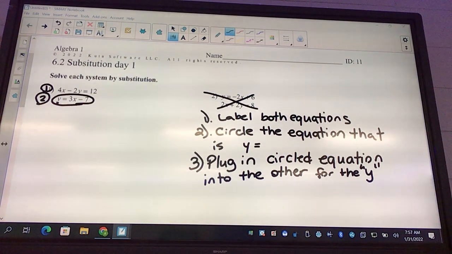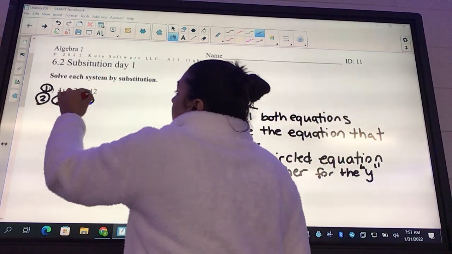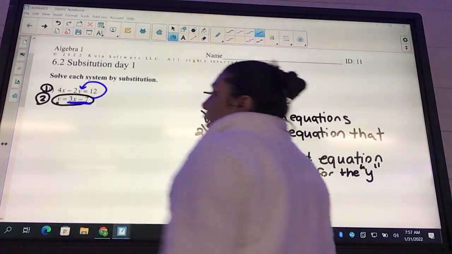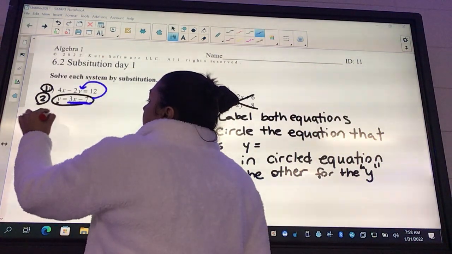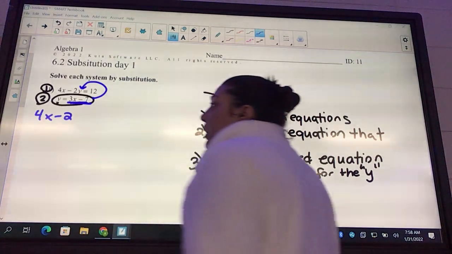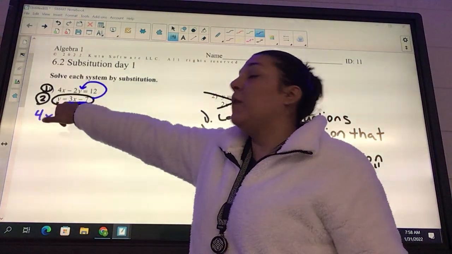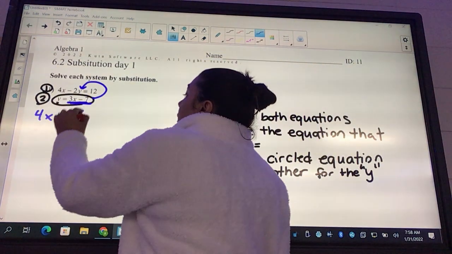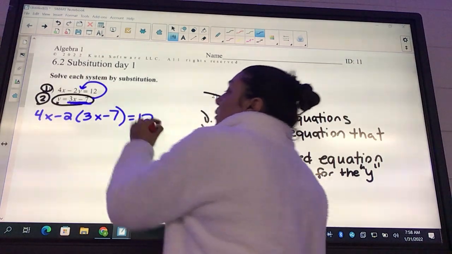Essentially, we're going to plug this part in for the y in the other equation. So this is what it should look like. It should say 4x minus 2, and now, instead of y, because there's a y right here, we're going to plug in that part. So you're going to say 3x minus 7 equals 12.